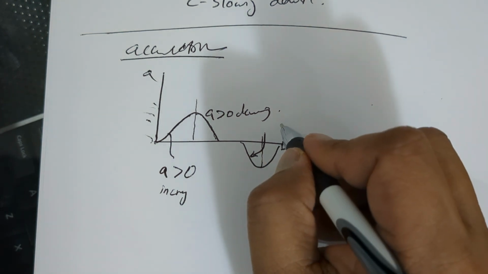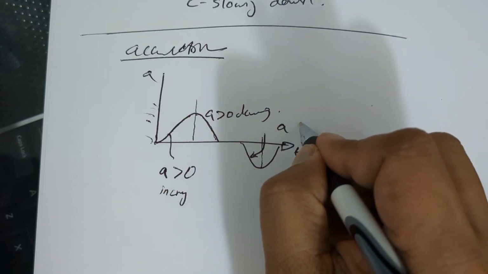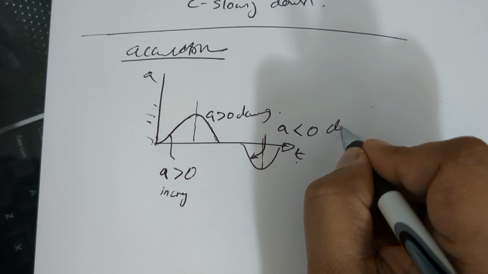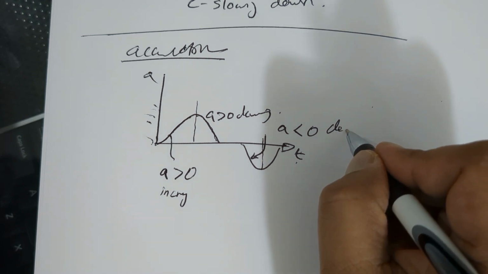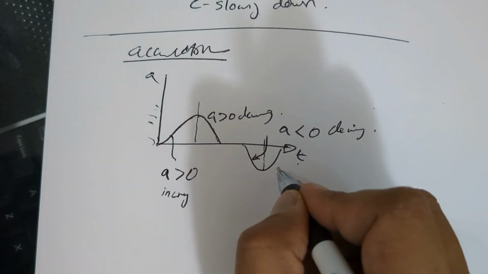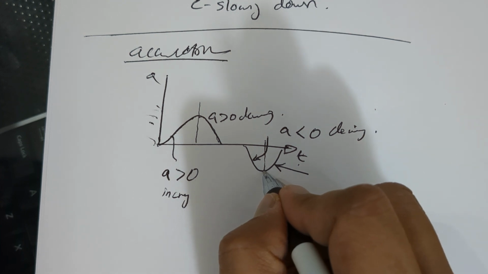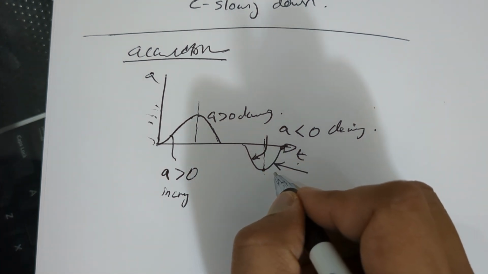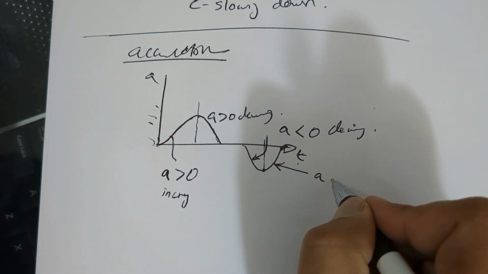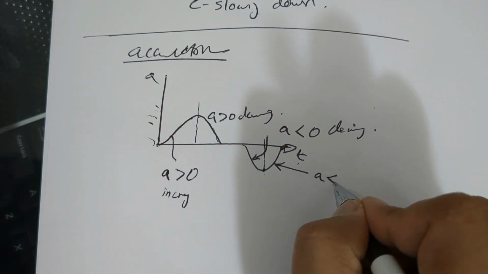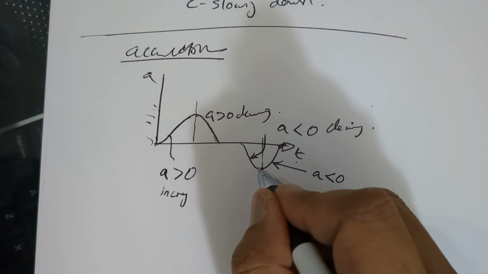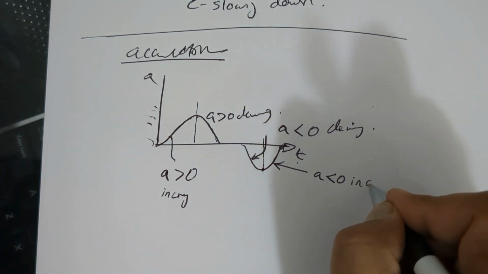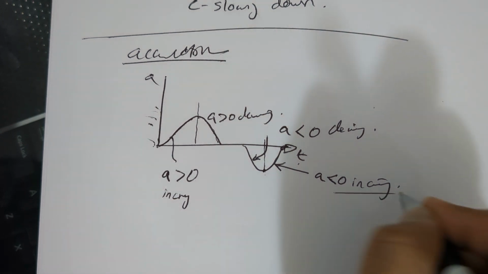A is less than zero, and you're decreasing your acceleration. And from here to here, that's why we're dividing this into sections. What's going on? A is less than zero, however, it's going up. So your acceleration is increasing.